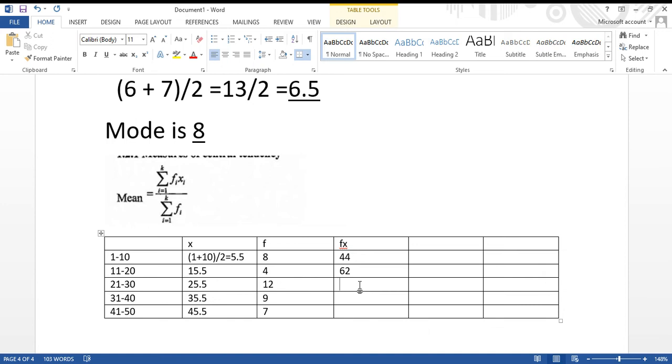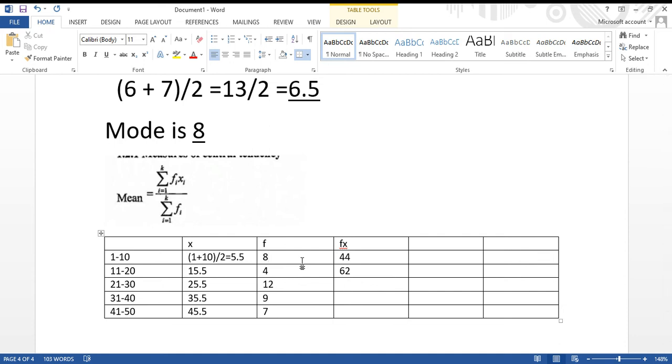I wanted to ask, is f always given? Yes, f is always given. You'll be given a lot of numbers, and then you put them in classes. So in the class of 1 to 10, we've got 8 values.